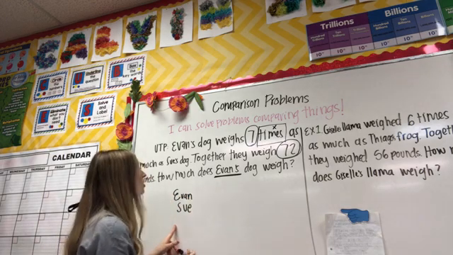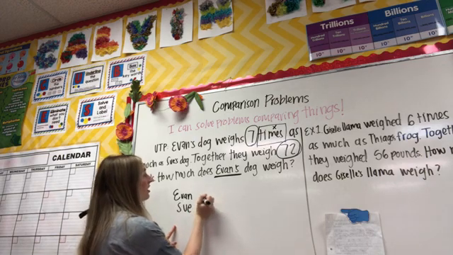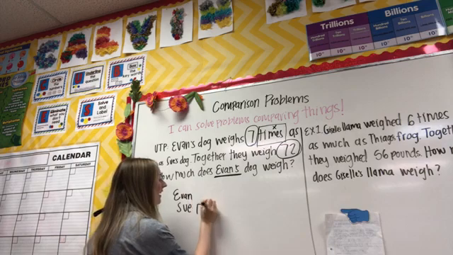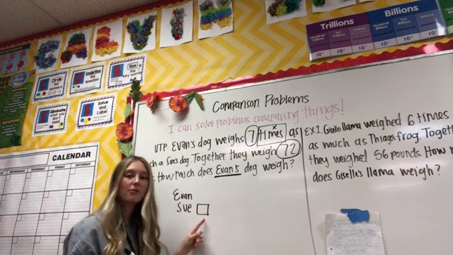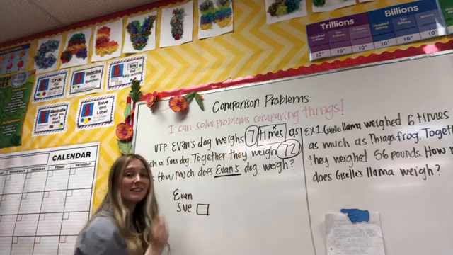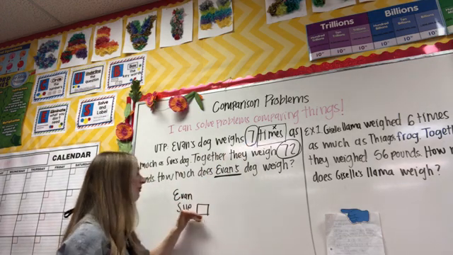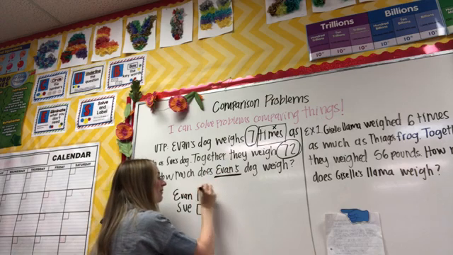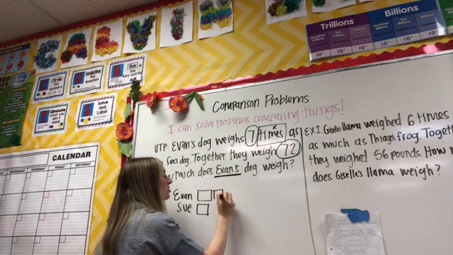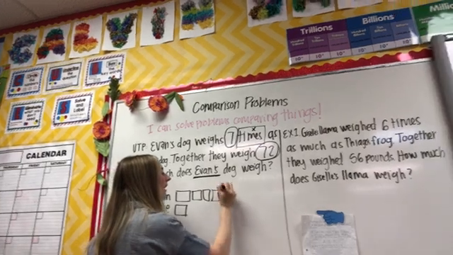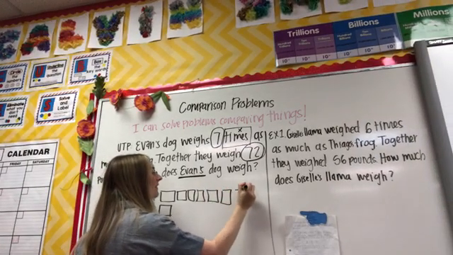Let's say Sue's dog weighs one of these boxes, and Evan's dog weighs 7 times that. So we need 7 boxes. 1, 2, 3, 4, 5, 6, 7.